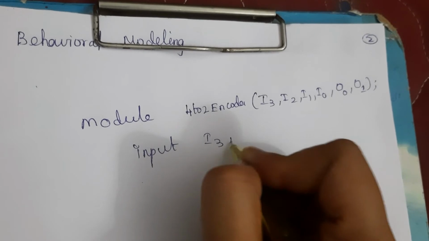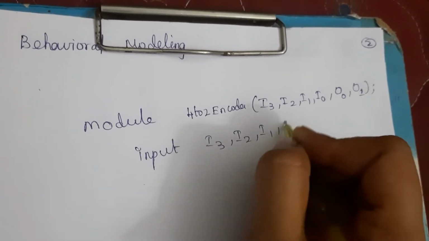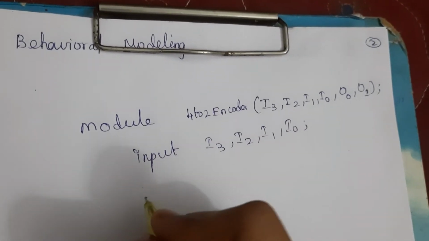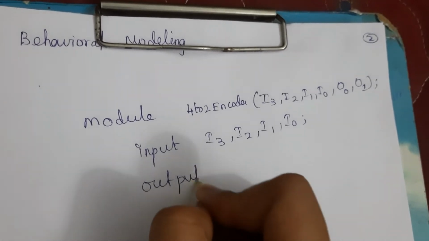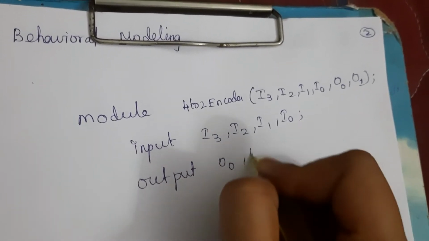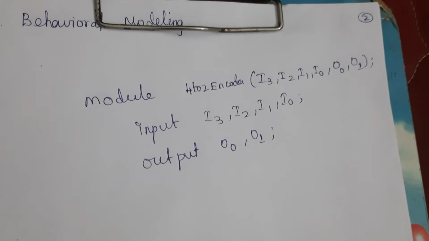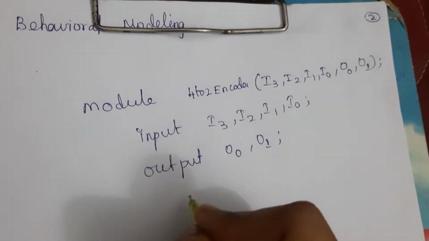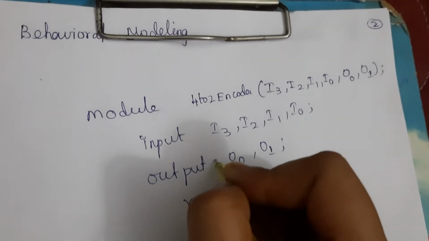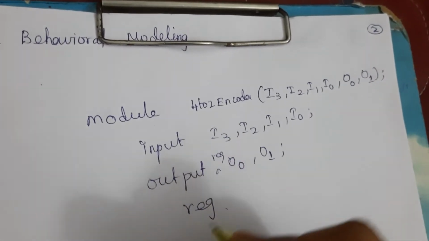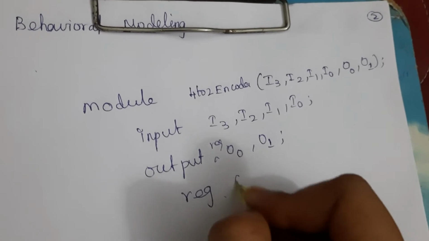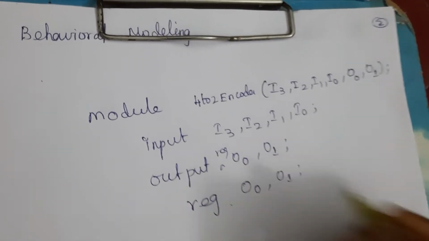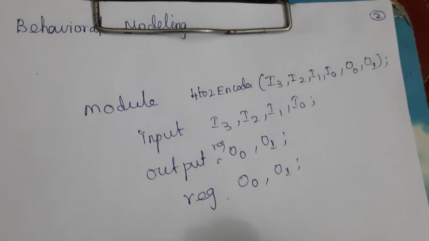Input here is I3, I2, I1 and I0, and output is O1, O0. And also we have to mention this output as a register. So the same reg keyword we can write here also, otherwise we can write it on a separate line. So now we have declared the module.